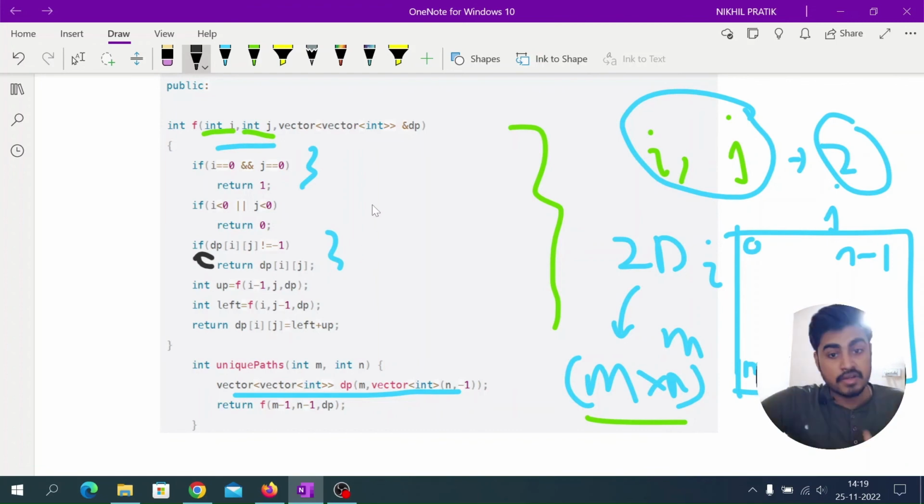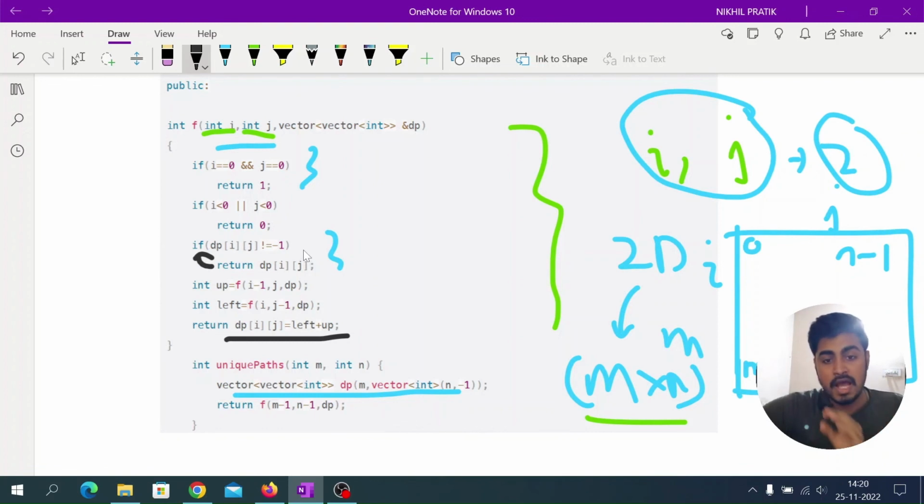But if it is not solved yet, then we go for its subproblem and ask the function to solve this for me, and once that is solved, we store that value in that cell, as you can see here. Once I get the value for left and right, I store it in dp of i of j, because as of now dp of i of j has a value of -1.